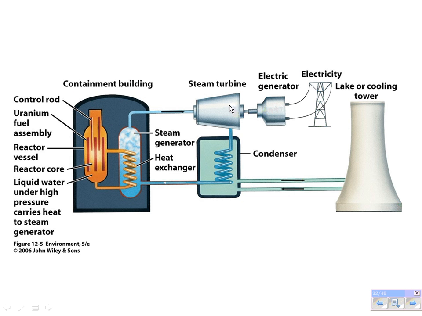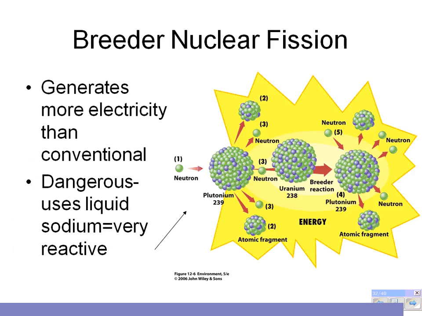After that steam is done turning the turbine, it would move down here to a condenser where colder water from the tertiary circuit is going to condense that steam into a liquid, and then this water is going to go throughout the secondary circuit again. We have the water coming in from a cooling tower or a lake.